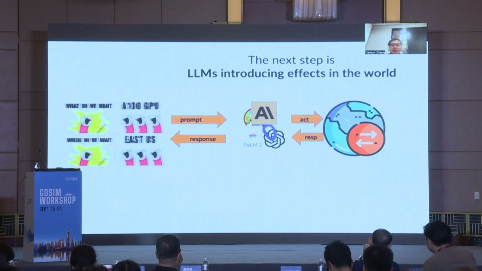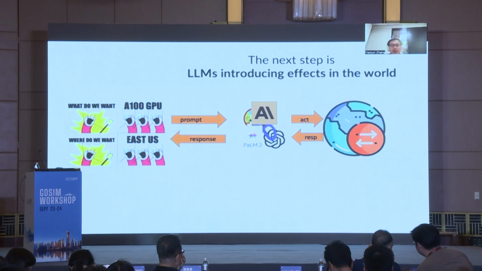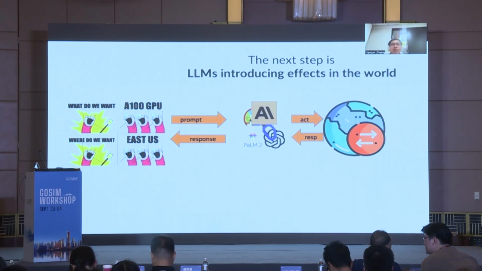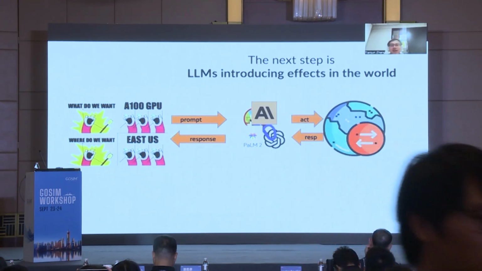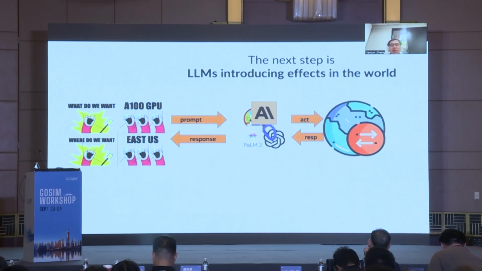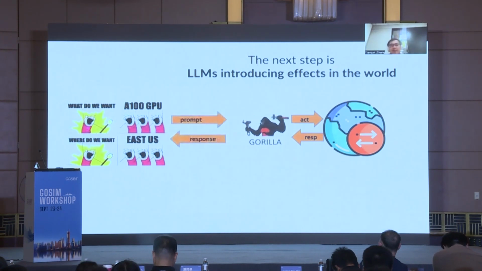So let's take another example, specifically tailored to the Gorilla model we trained, which provides service for the cloud providers and also the Kubernetes calls. Let's say I want A100 GPUs, but I want them in the east of the US. Now, the current language model cannot effectively do this, but let's swap in the Gorilla model.